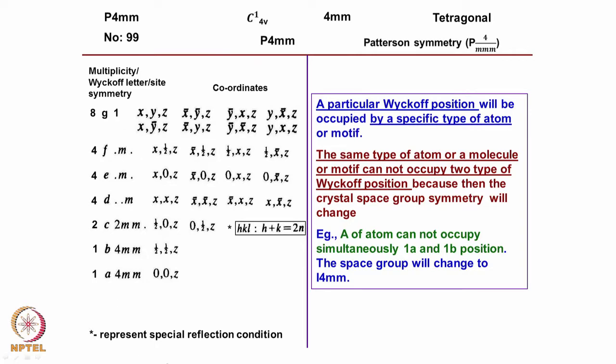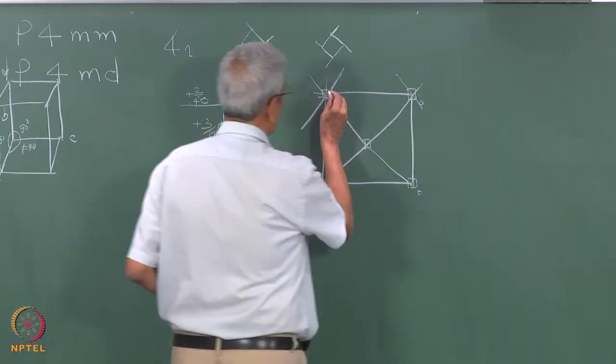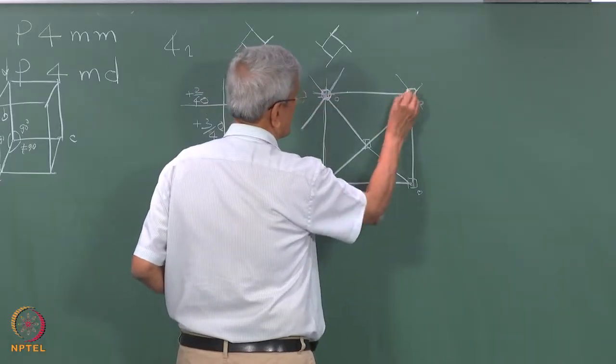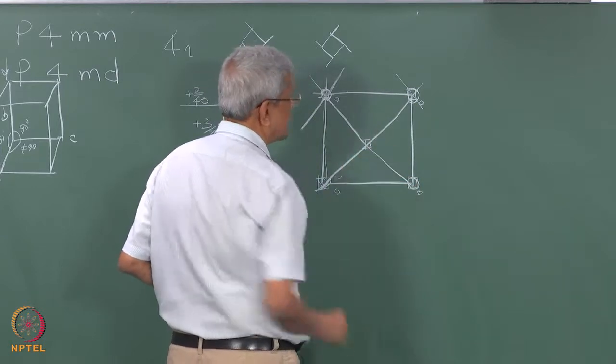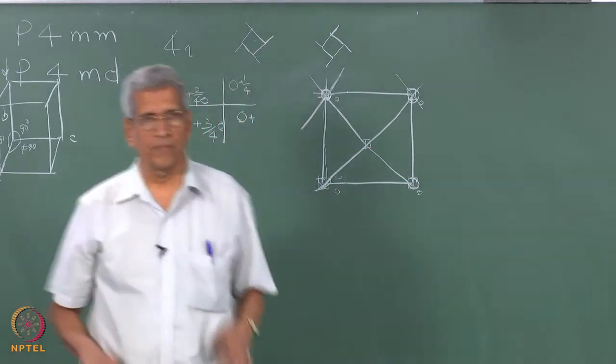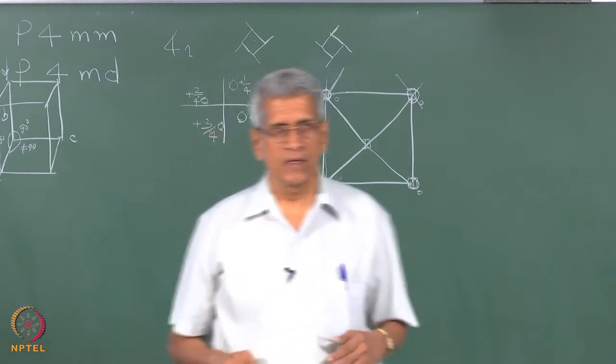Suppose we wanted to put an atom at some position in the lattice and generate the crystal. Suppose I put an atom of a particular type in this position. This means that essentially I am putting an atom in this crystal, one here, another here and another here. Then the 4-fold symmetry is satisfied, correct? Is it clear?